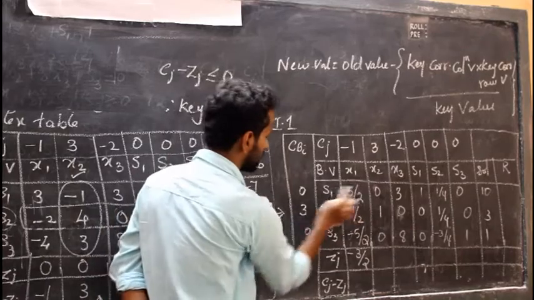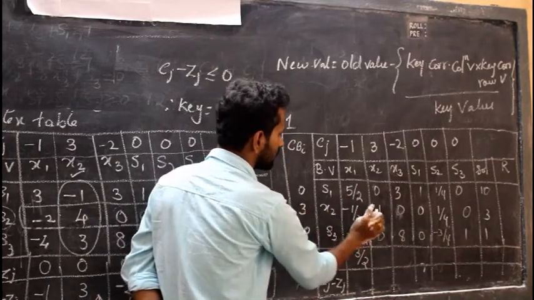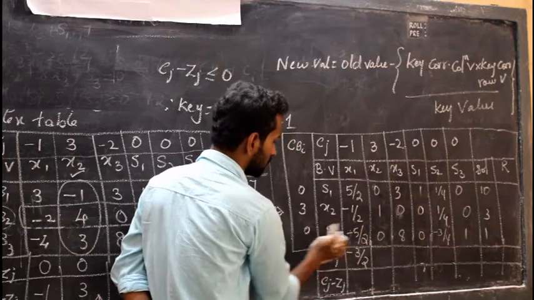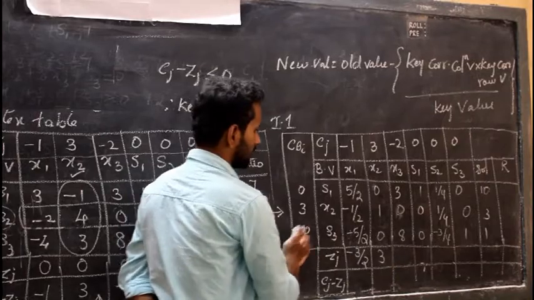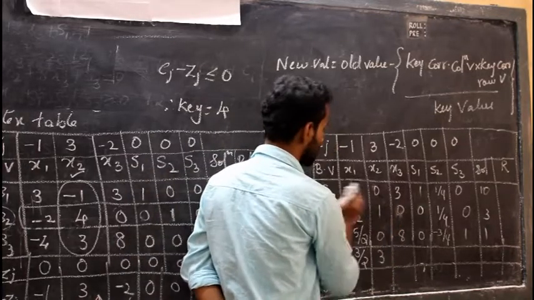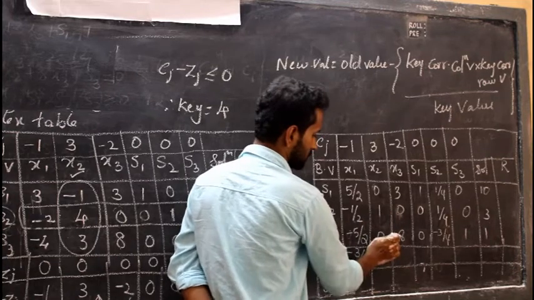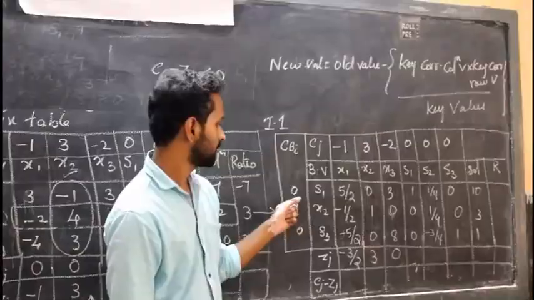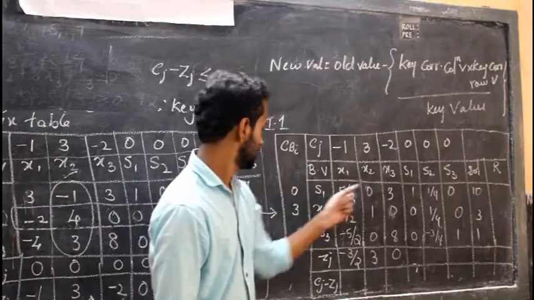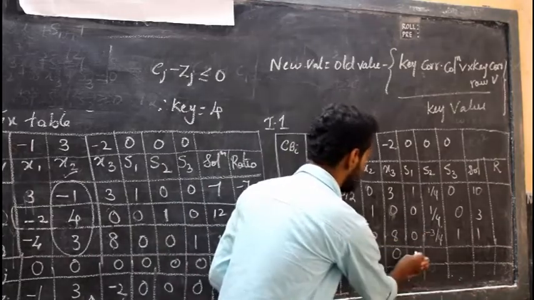And again for the x2 variable: 0 into 0 is 0, plus 3 into 1 is 3, plus 0 into 0 is 0. Answer is 3. Here again 0 into 3 is 0, plus 3 into 0 is 0, 0 into 8 is 0, so the sum is 0. 0 into 1 is 0, plus 3 into 0 is 0, plus 0 into 0 is 0.